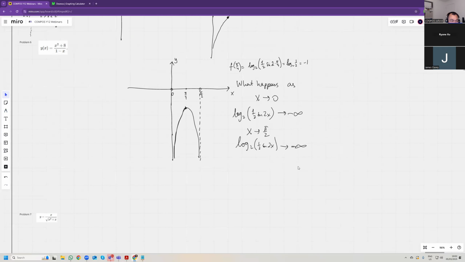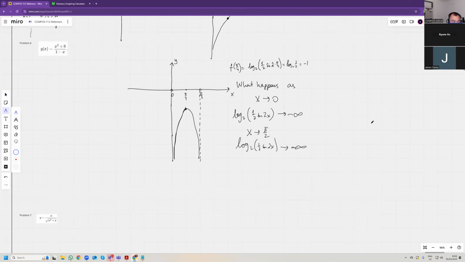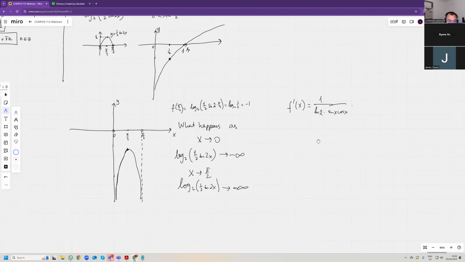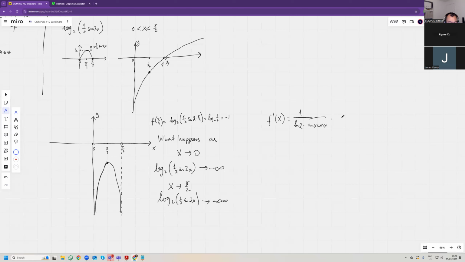Is it a critical point? Well, probably is. So we find the derivative, which is 1 over ln 2 multiplied by sine x cos x multiplied by cos 2x.